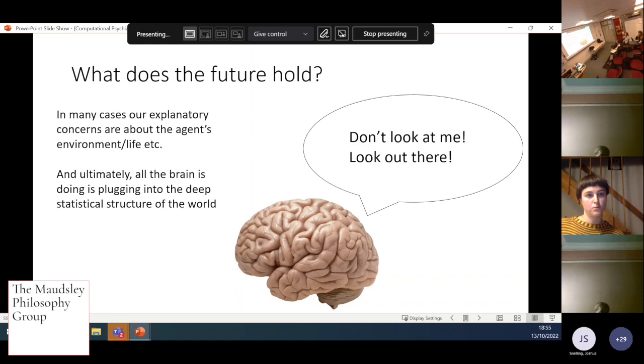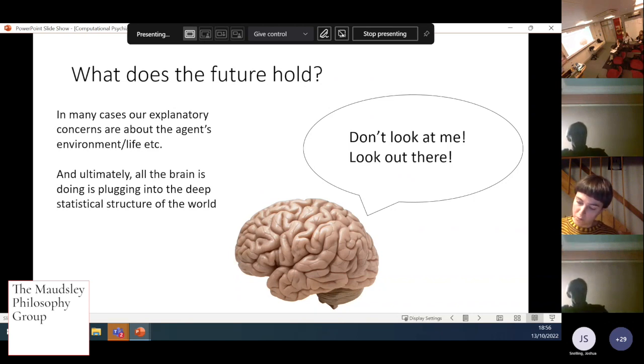Okay. So just to end, in many cases, and this is building off the last point I made, our explanatory concerns are not about an agent's brain, but about an agent's environment and their life, and how they are embedded in the world.